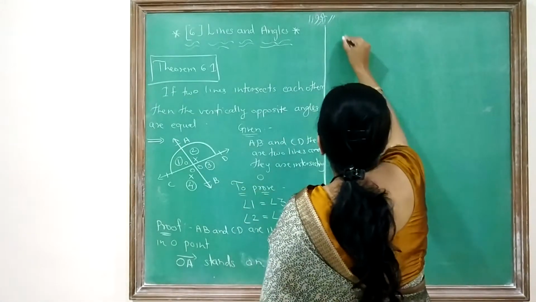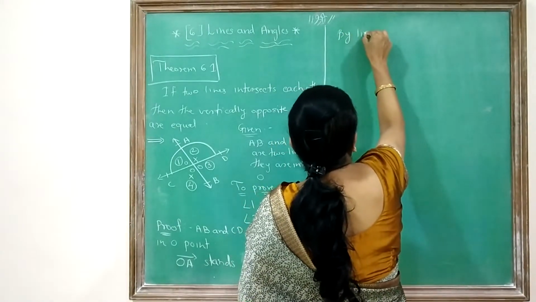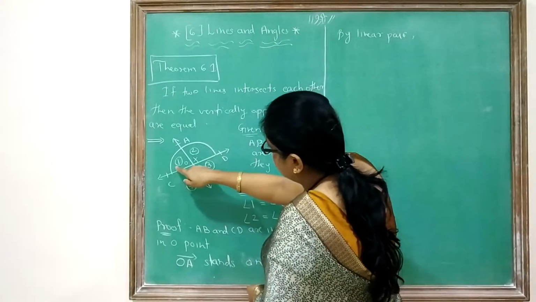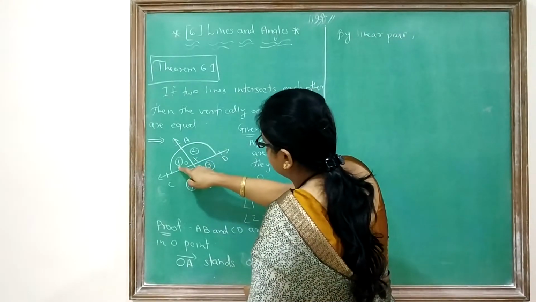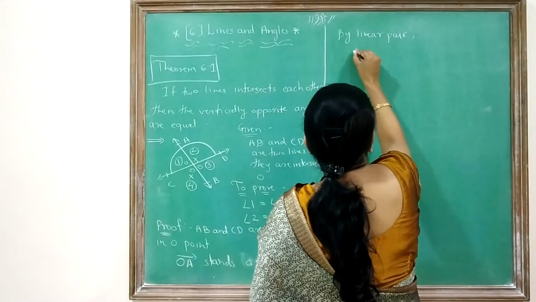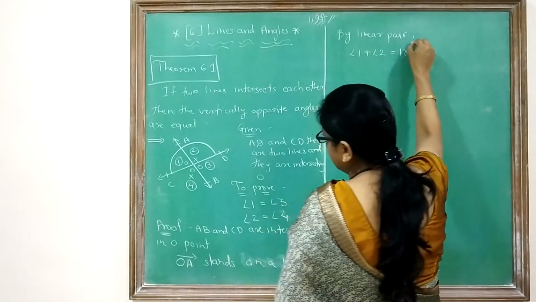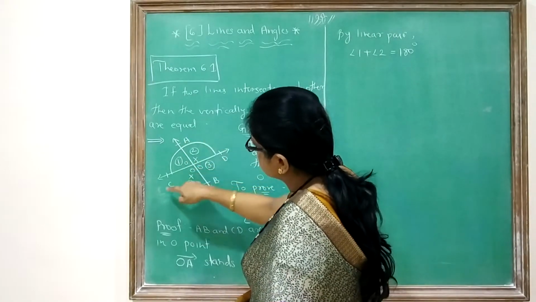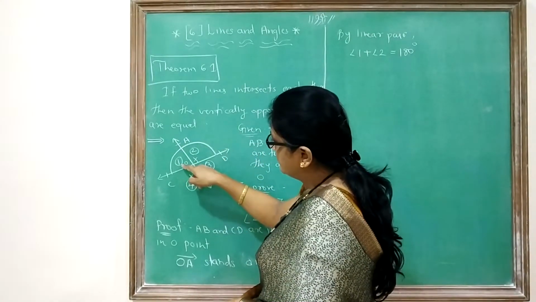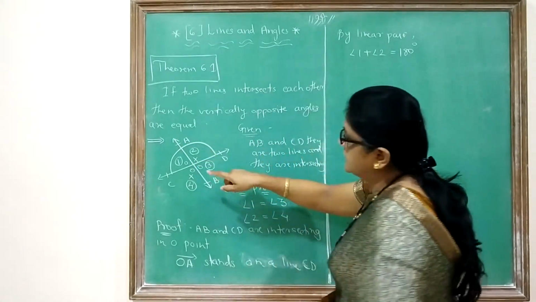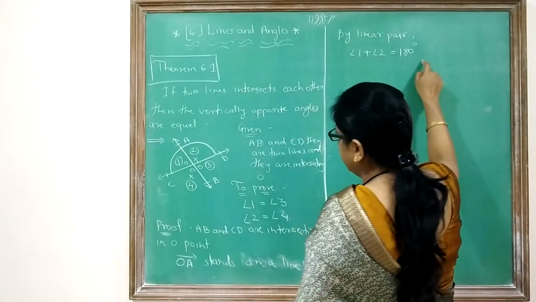Then by linear pair, angle 1 plus angle 2 equal to what? 180 degree, because this AOC you will suppose angle 1, and AOD you will suppose angle 2, then they are added, then you will get 180 degree.